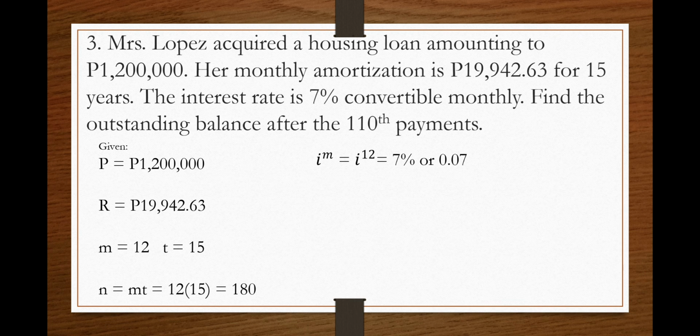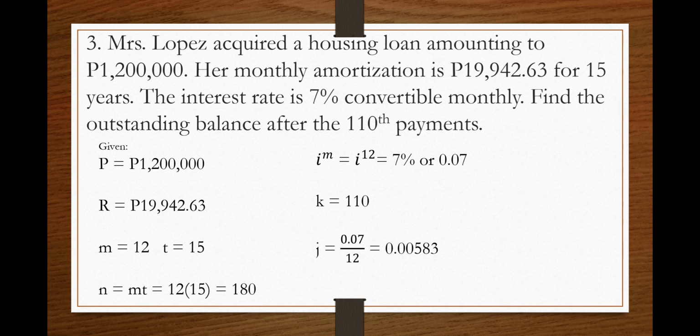And the rate is equal to 7%, or that is 0.07. And the value of k is equal to 110 because what is asked in the problem is after the 110th payment. So k is 110. And for the value of j, we're going to divide 0.07 by 12, and that is equal to 0.00583.